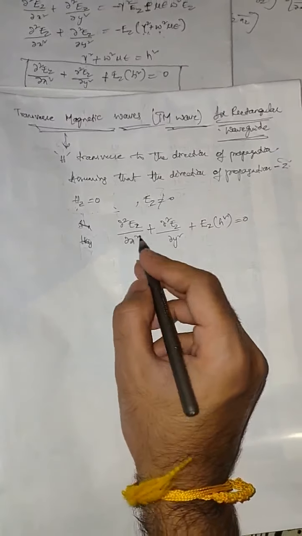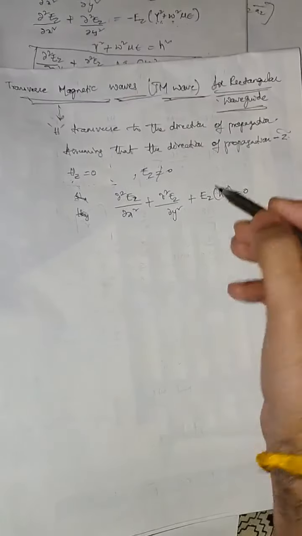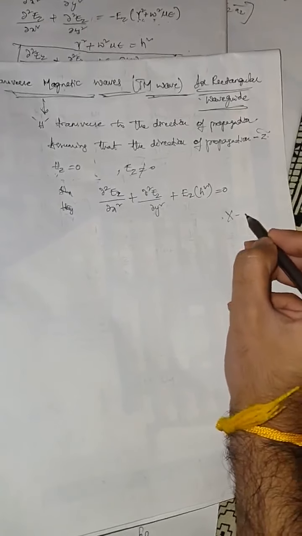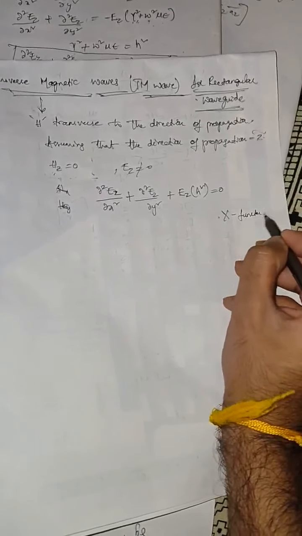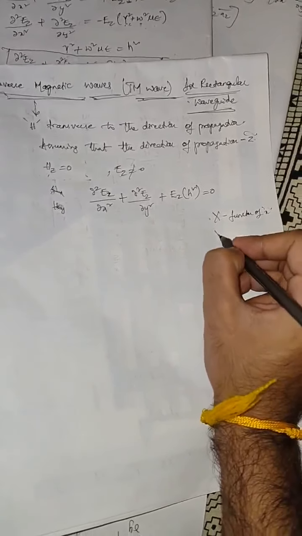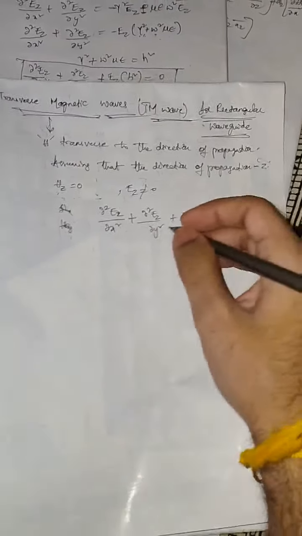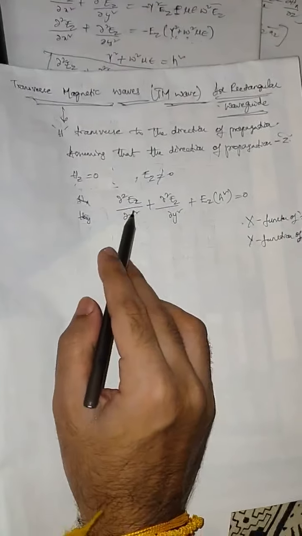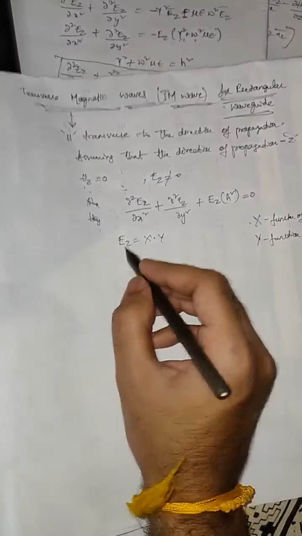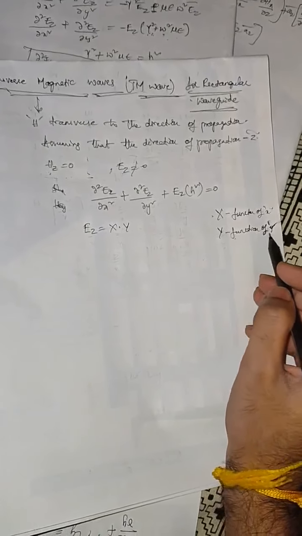As you know, E has components in the x and y directions. I assume that capital X is a function of the variable x, and Y is a function of y.